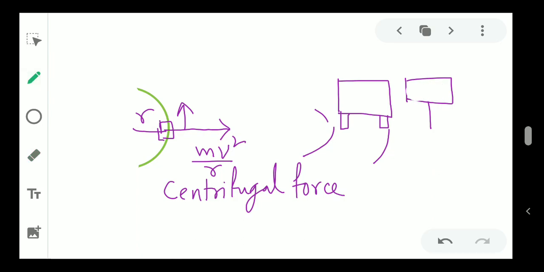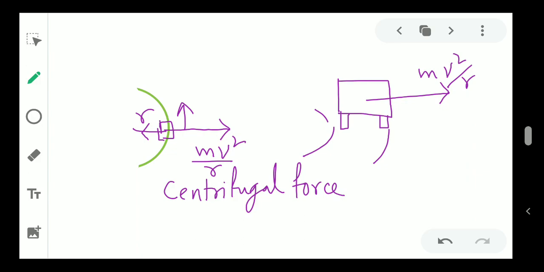We know that the centrifugal force acts outward, away from the bend, pushing the car to go this side. Now there is no other force which can counteract this force. If there is no other force to counteract it, what will happen? Because of this force the car will slide away from the bend. So there is a possibility of accident.